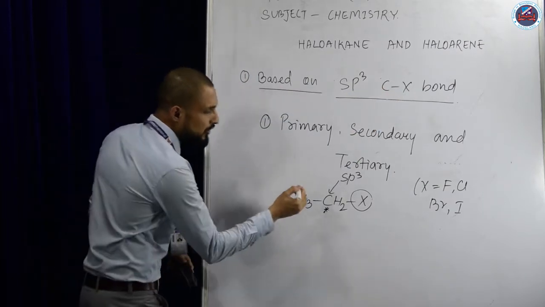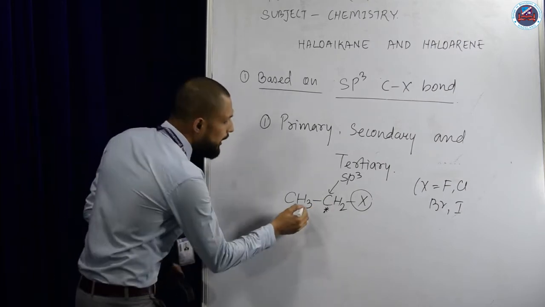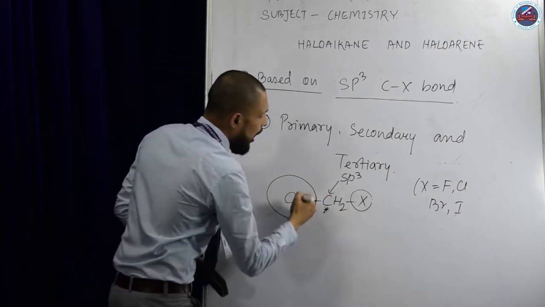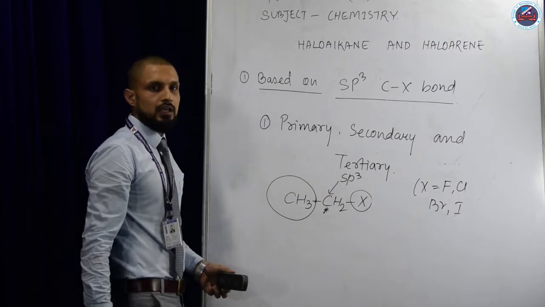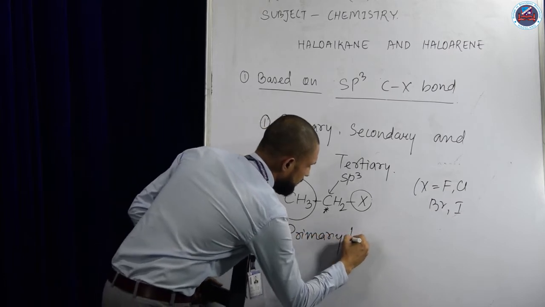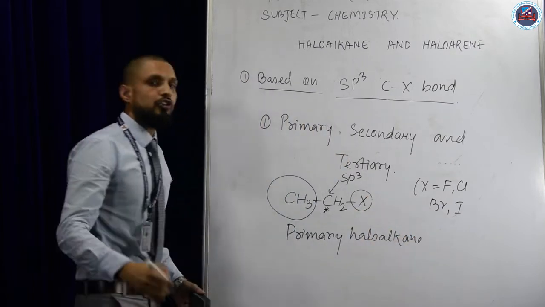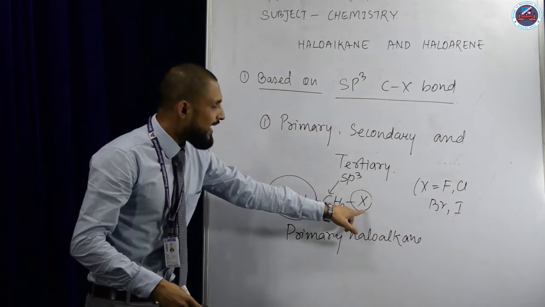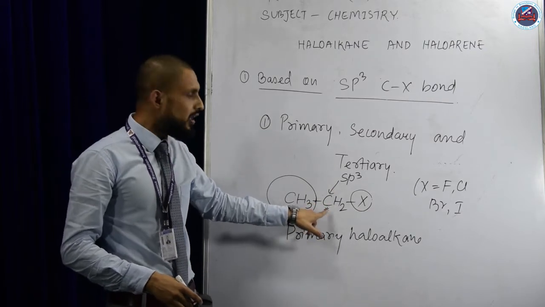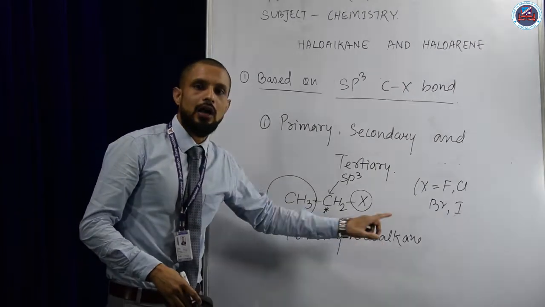Now next, you can see this carbon is attached only to one carbon. So therefore, this haloalkane is known as primary haloalkane. So in simple words, if the halogen atom is attached to a carbon, which in turn is attached to only one carbon, it is known as primary haloalkane.